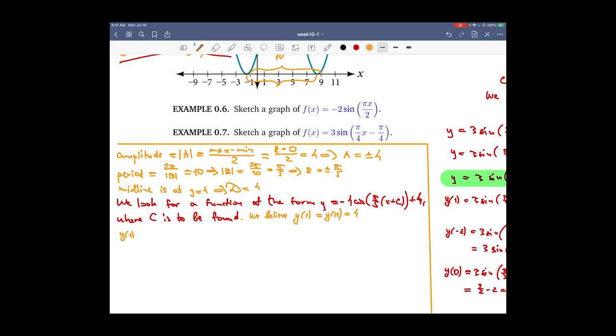And if we compute y at 1, it will be negative 4 cosine of (pi over 5 times (x plus c)) plus 4, and that's 4. That happens if and only if cosine is 0.